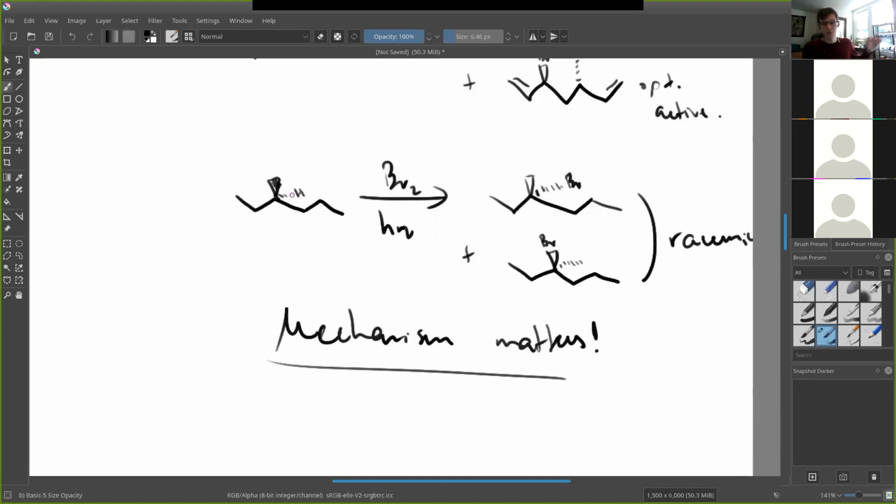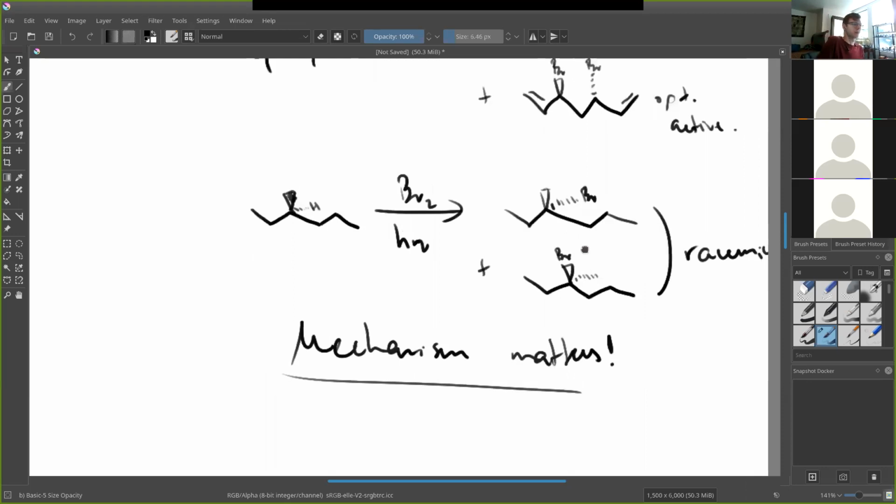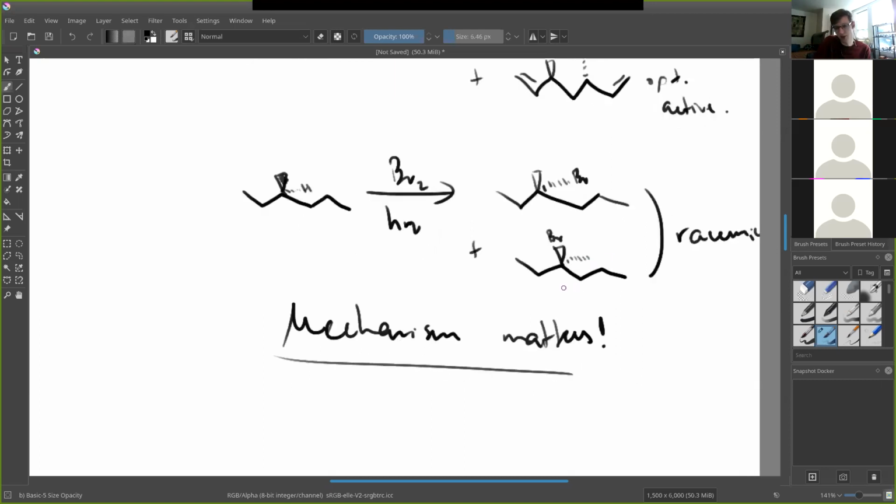So at that point, the bromine can either attack on top or on bottom if your molecule's laying flat, or it can attack from the front or from the back. However you want to put it, the bromine can come in from either side. And so you can wind up getting this racemic mixture.